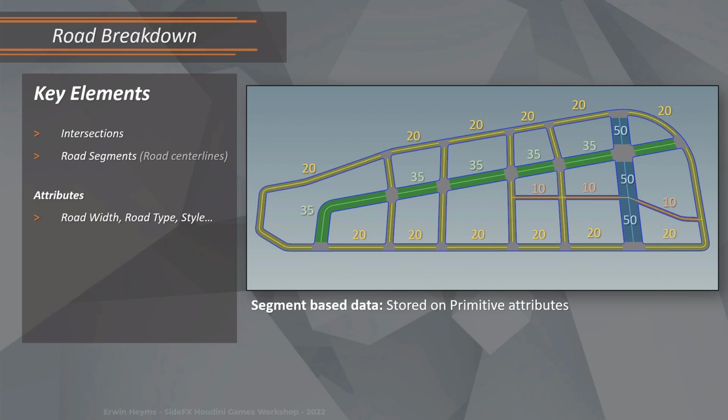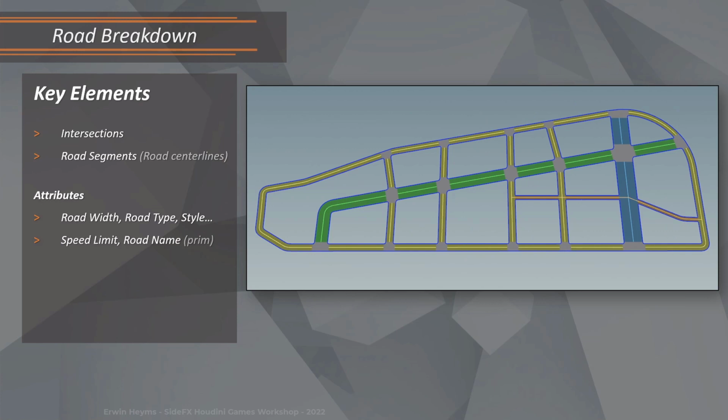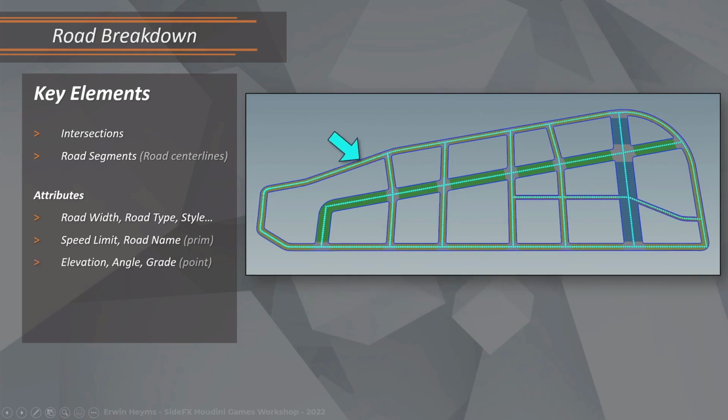But we also might want to store other variables on them, such as the speed limit, which might differ depending on the environment that the road is in. And of course, if we want to store a road name, then that's going to be different for every road in general, right? Other attributes we want to store are elevation, angle, and road grade.